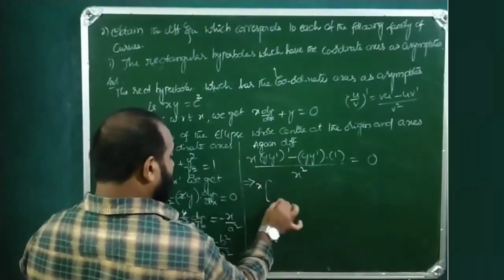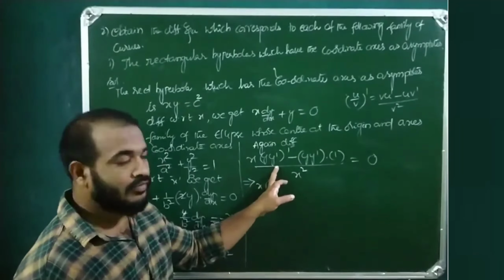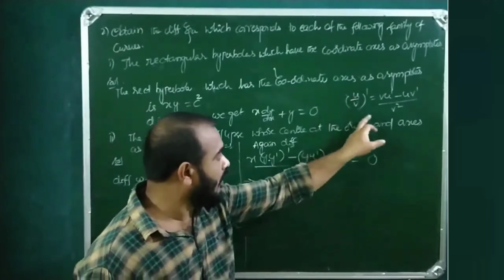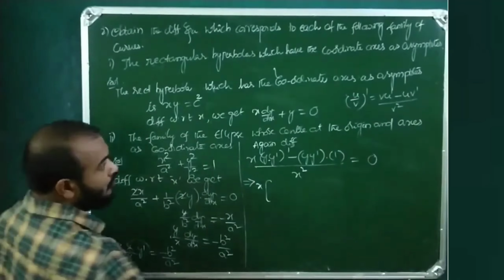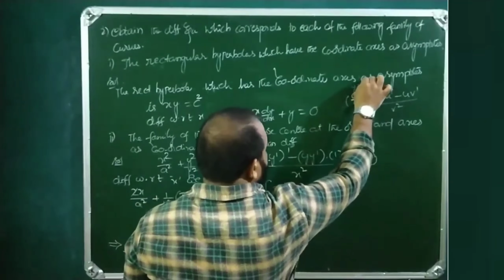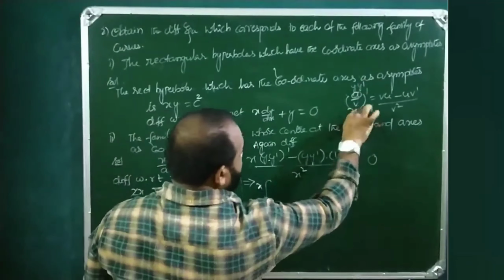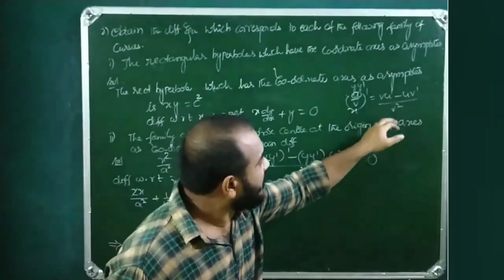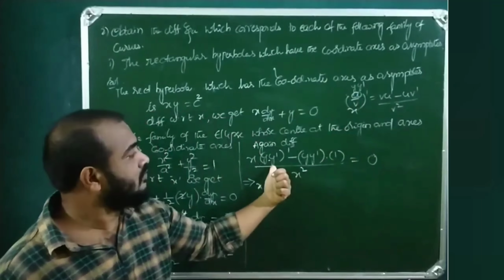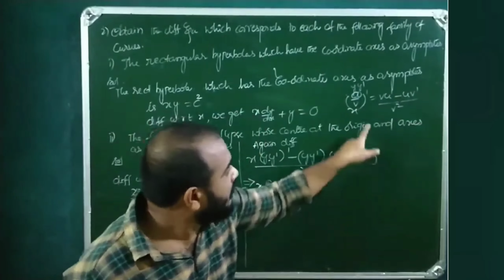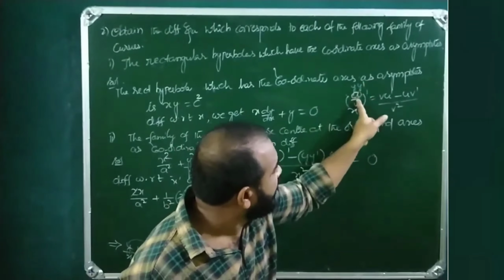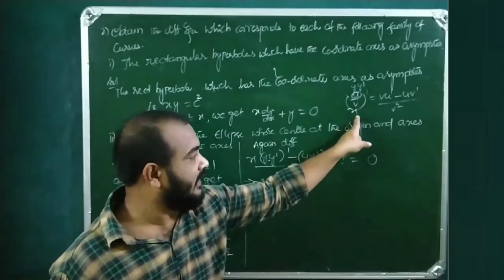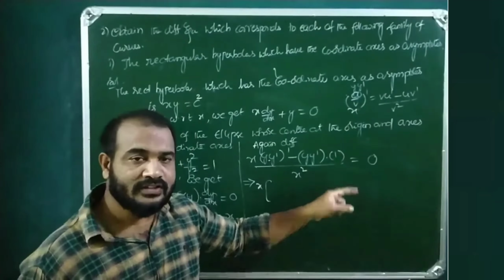So far we have applied u by v, treating u to be y dash and v to be x. Then it has become v u dash, x into y double dash, minus u v dash, y dash into d by dx of x, which is 1.